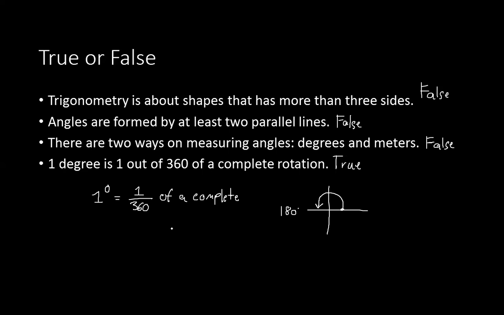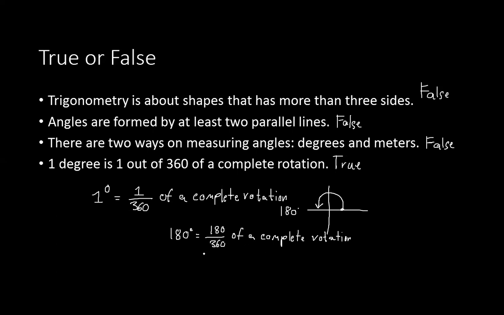So what does that mean? 180 degrees is equivalent to 180 over 360 of a complete rotation. By the way, I forgot to include the word rotation earlier, so let me put rotation here. Once again, 180 out of what? A complete rotation.